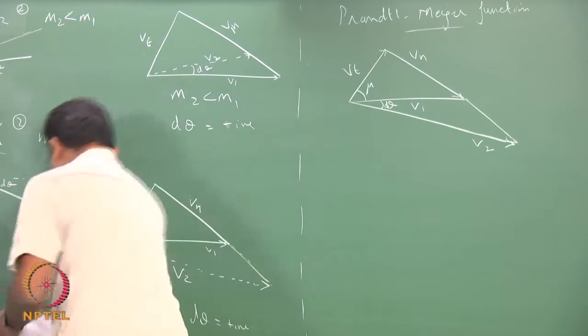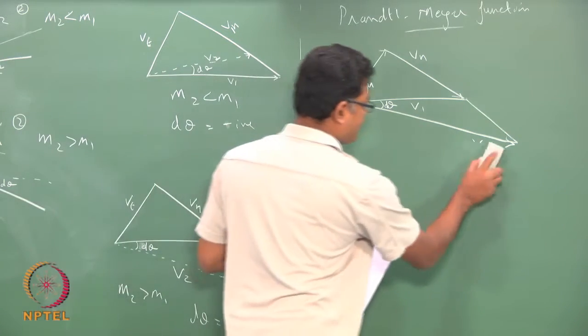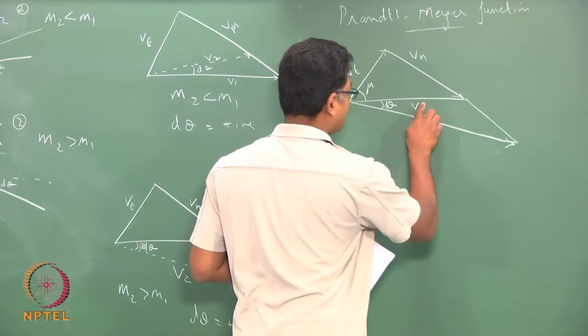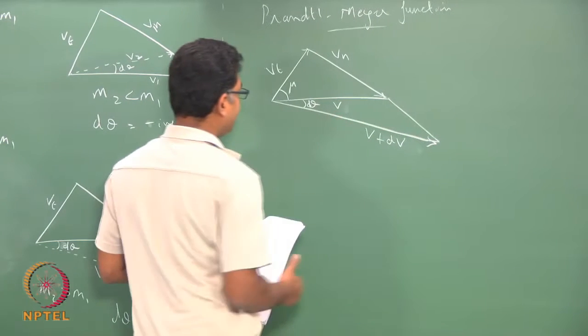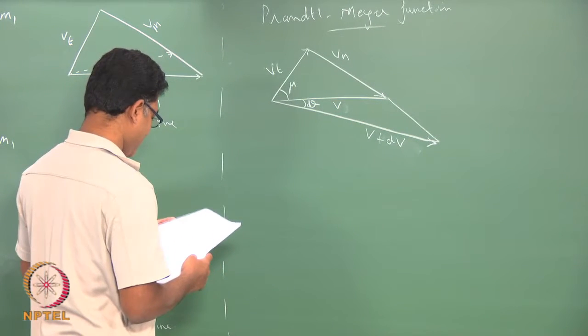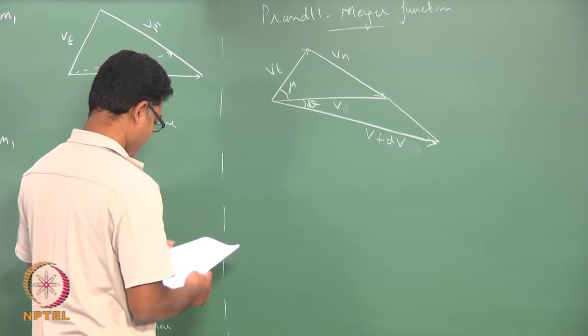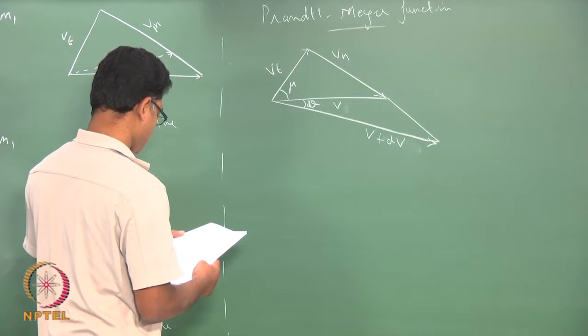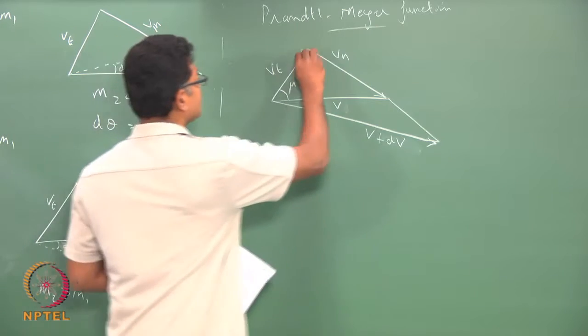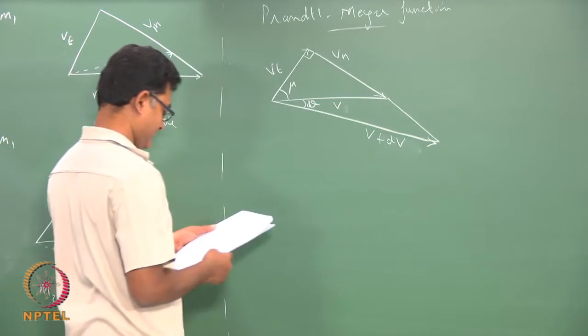So, I would write V2 as V plus dV, and V1 is V, okay. This is my 90 degrees.